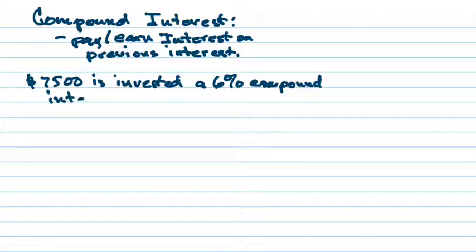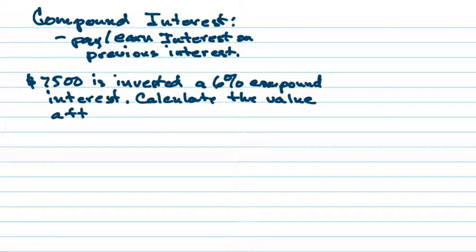So this time we're not talking about simple interest, but compound interest. Calculate the value after 2 years. Okay? So this time we have 2 years worth of interest that we need to find. Are we good? So let's talk about some steps.